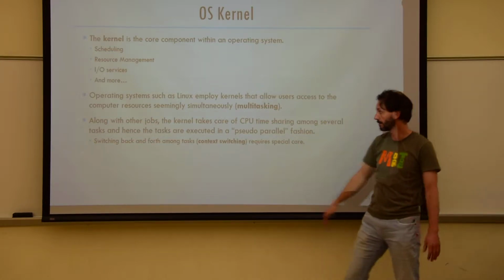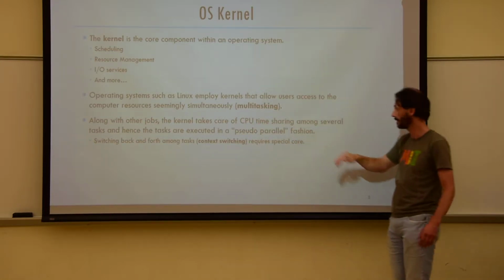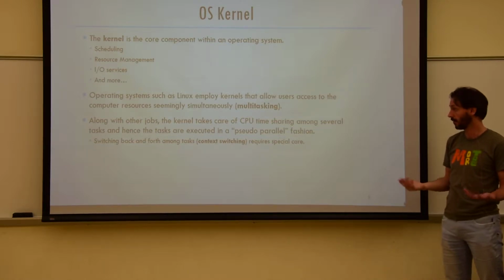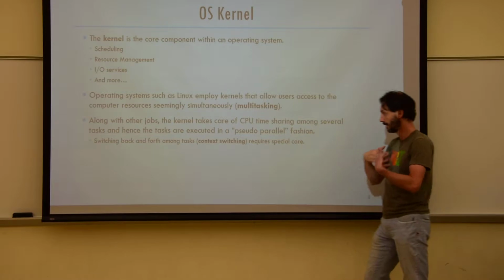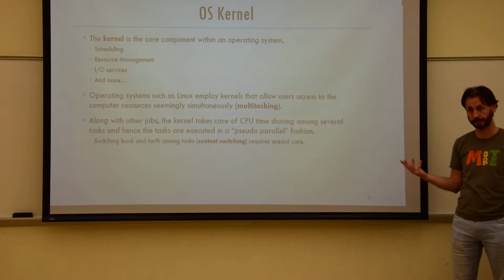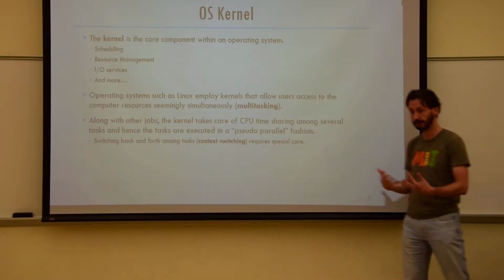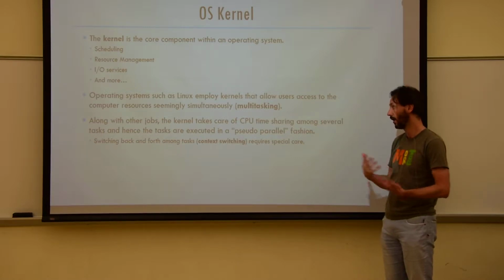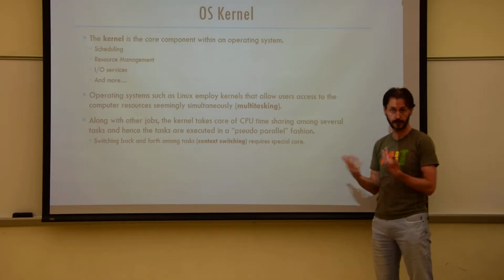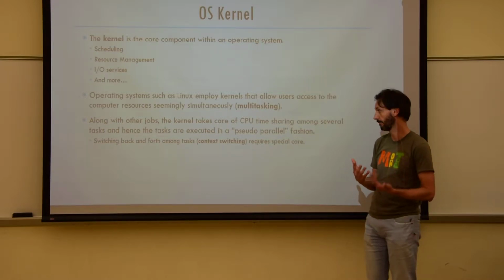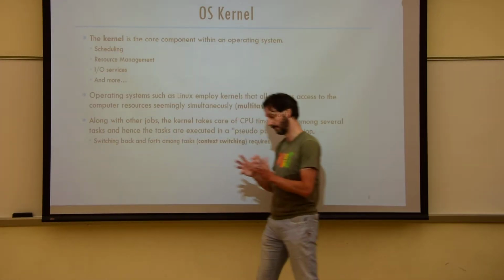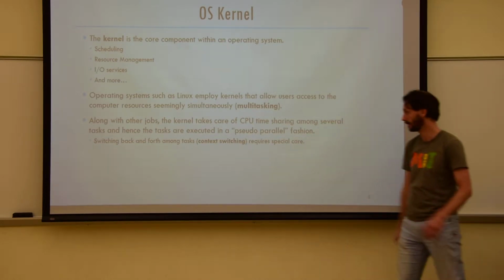And along with other jobs, the kernel takes care of CPU time that is shared among all these different tasks. It's a pseudo-parallelism that we observe, because in reality, of course, all these tasks are context switched in and out and are executed in slots in a sequential sense.